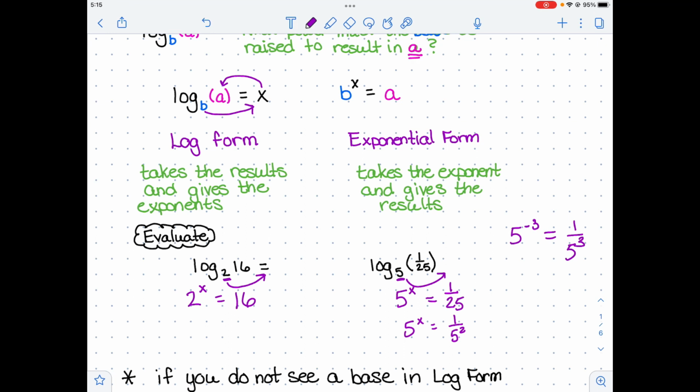That would still get us 25. Well, if we want it to match the base, because it's not right now, it's 1/5 raised to 2, we have to think about flipping it. So 5 to the x is equal to, if we do the inverse, 5 to the negative 2. Our bases are the same, so they are worth the same value, then we know that the exponent has to be negative 2 for that one.